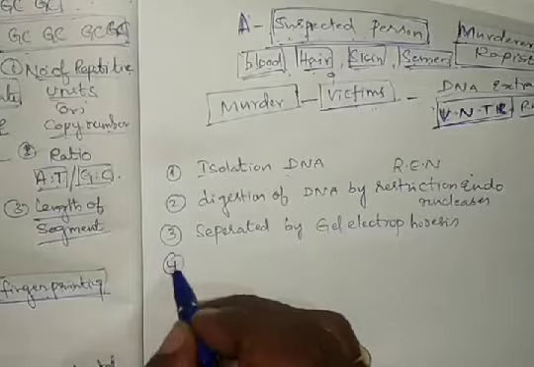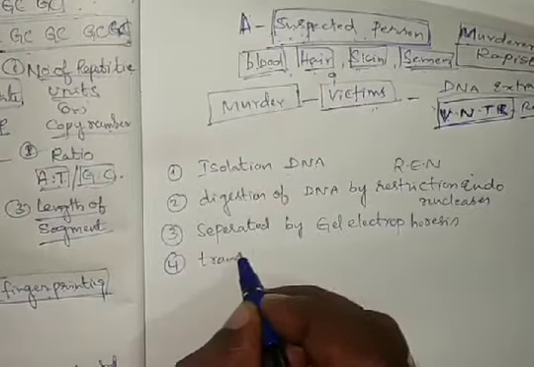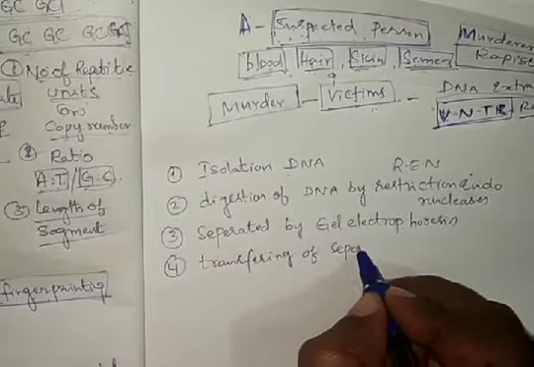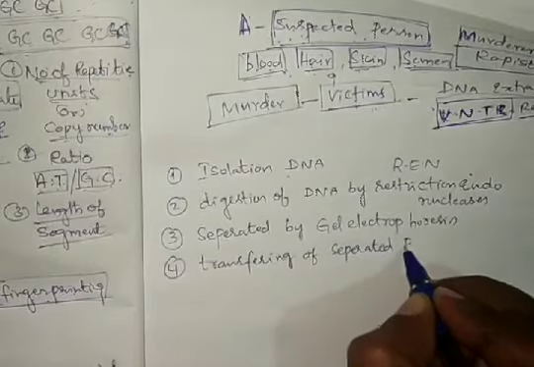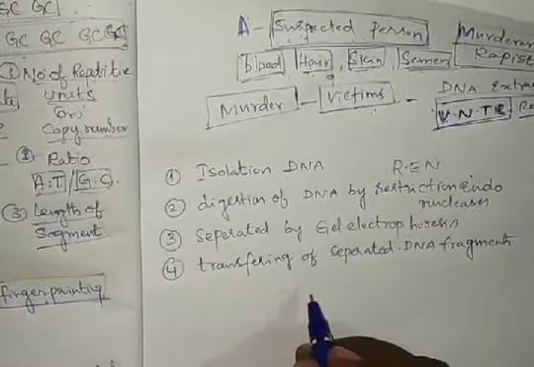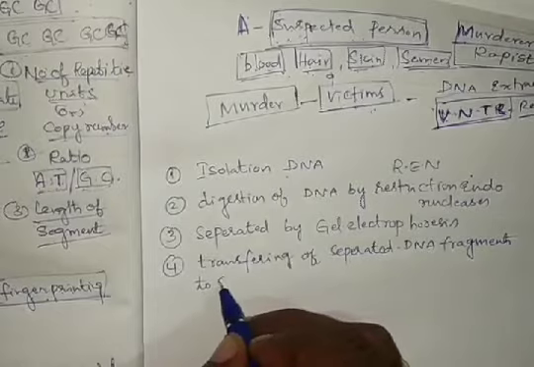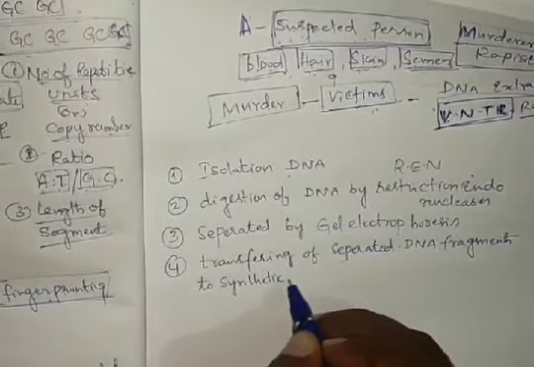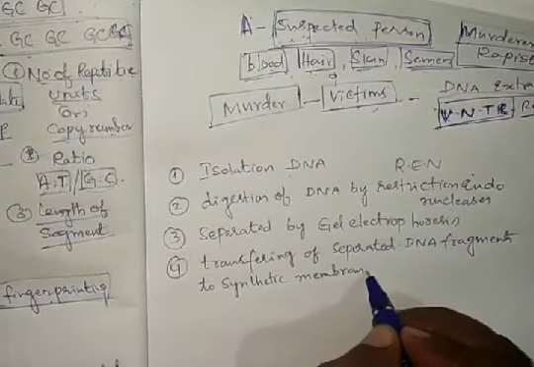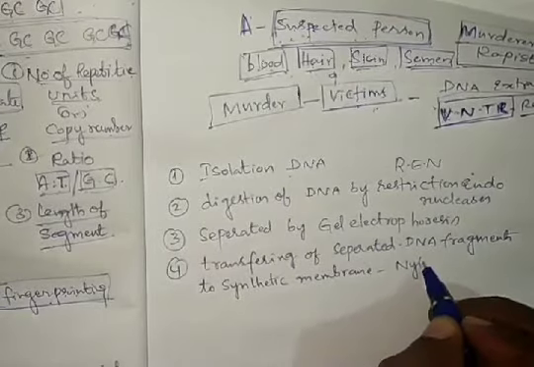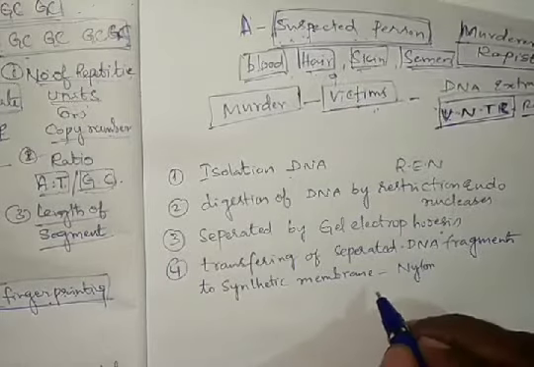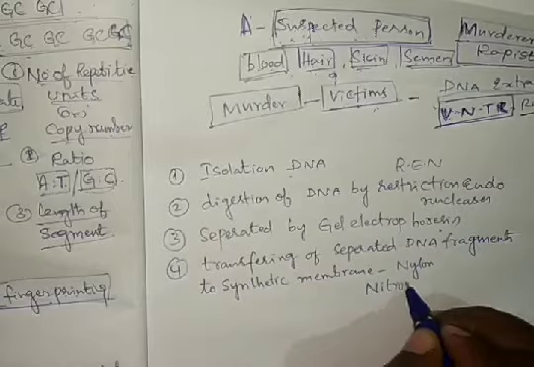Next, the fourth step, transferring the separated DNA fragments to a synthetic membrane, that is, a nylon membrane or a nitrocellulose sheet.